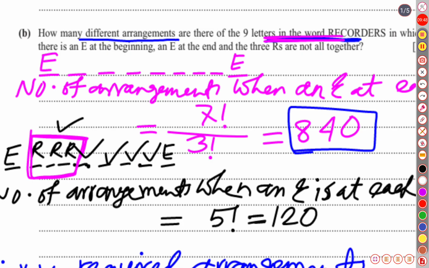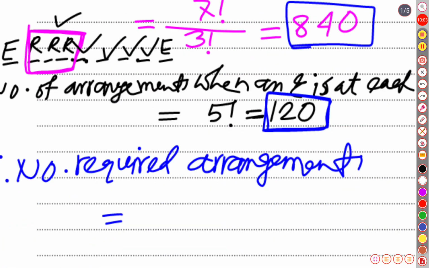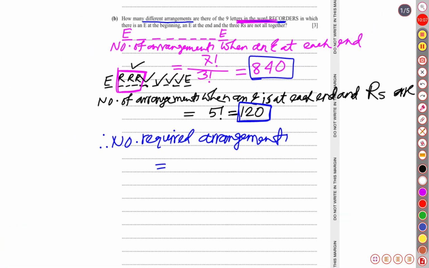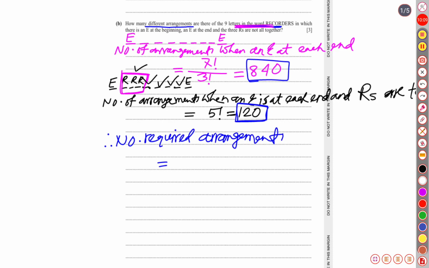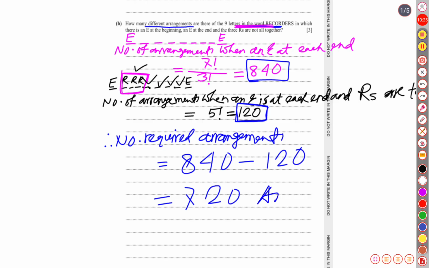From 840, we will subtract this 120 because this was the number of arrangements when all R's are together. If we subtract all R's together, then definitely there will be no R's together. So 840 minus 120 is going to be 720. So the total number of arrangements for these two restrictions is 720. That is the answer.